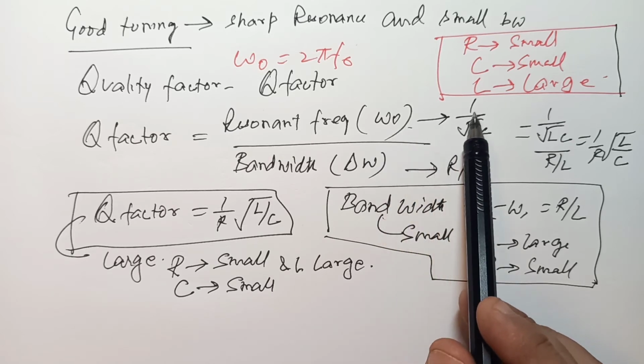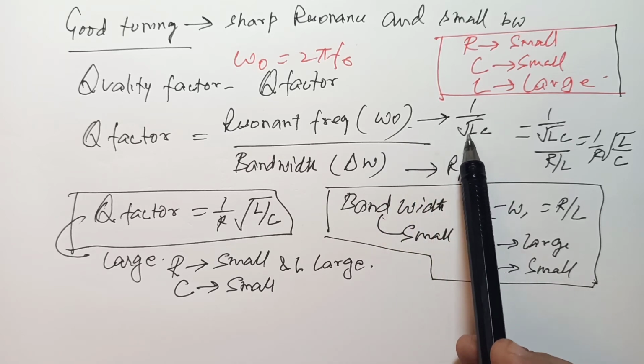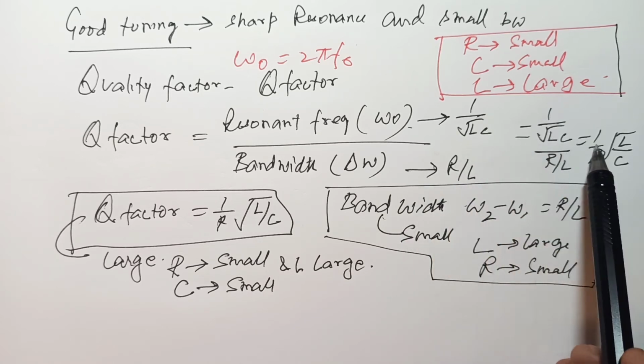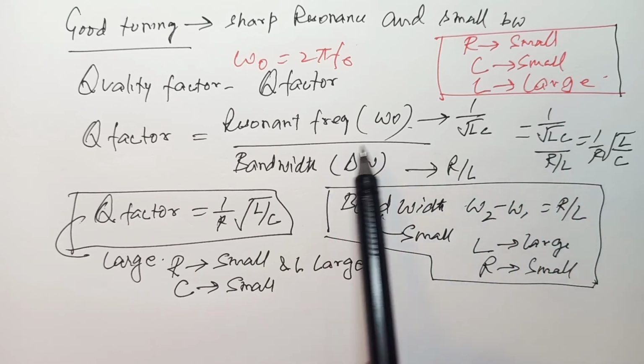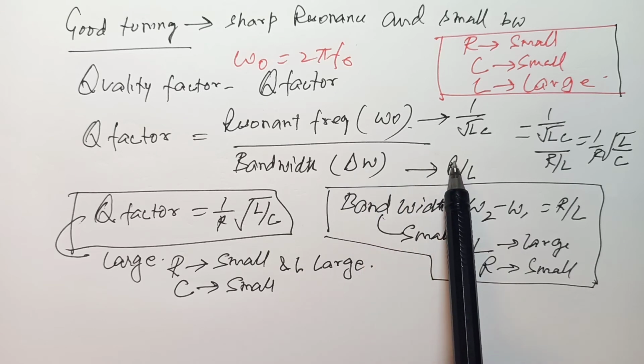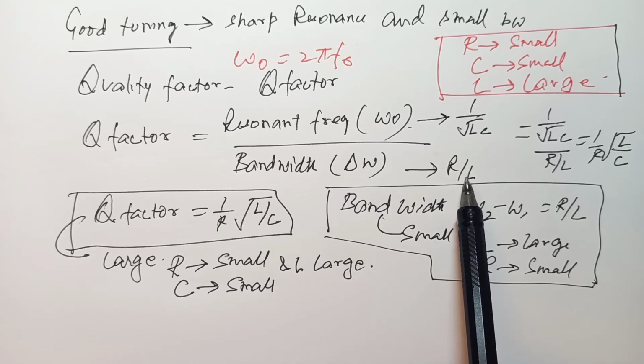This we have already found out, it is nothing but 1 by under root LC, and bandwidth is R by L, which I narrated in my last slide.